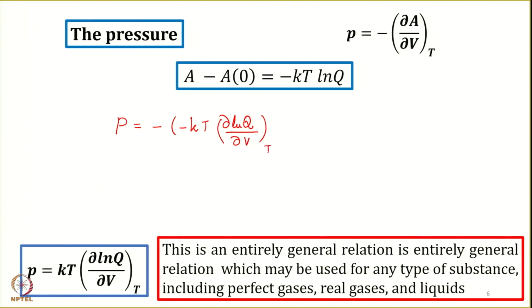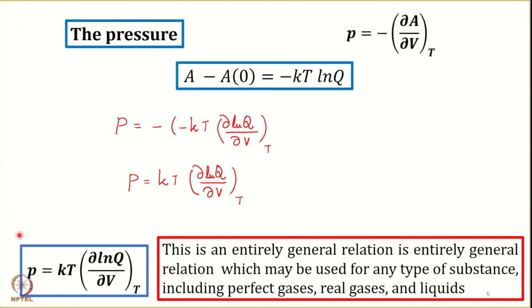This gives me pressure is equal to plus kT del log Q by del V at constant temperature.